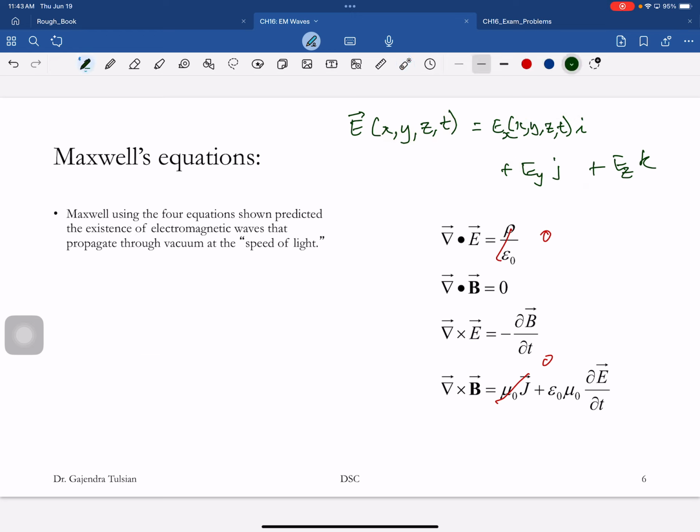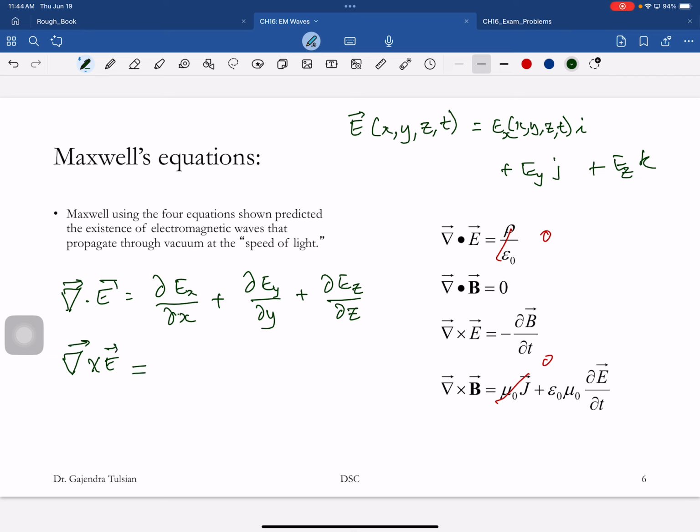And what a divergence of E is, is this. Okay, so that's that operator. Curl of E is this operator. Del by del y Ez minus del by del z Ey, and so on.